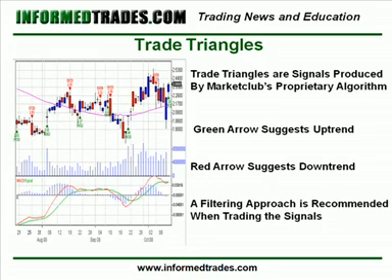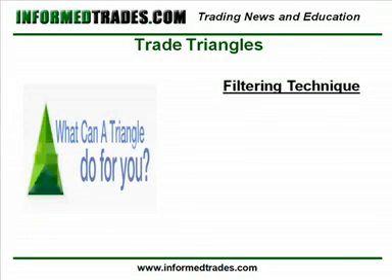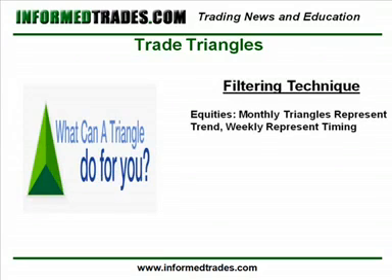In order to try and avoid triangles that occur in range-bound conditions, they offer filtering techniques depending on the market that you're trading, which are the following. When trading equities, they recommend using the monthly triangles to determine trend and possible entry points, and using the weekly triangles to determine timing for your entries, exits, and re-entries.